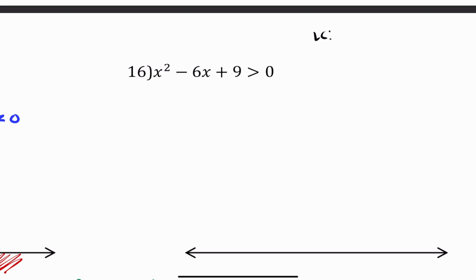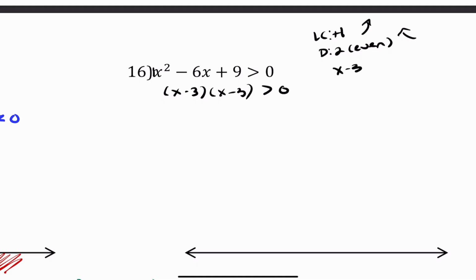Leading coefficient is +1. So top right, the degree is even, so it should face the same direction. And then I'm going to factor. You get x minus 3 times x minus 3, which is greater than 0.